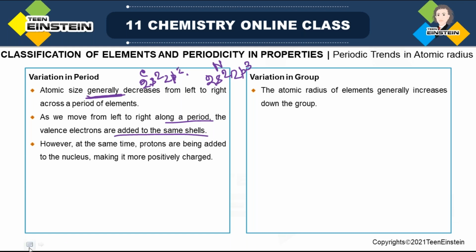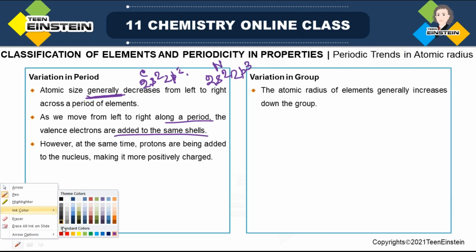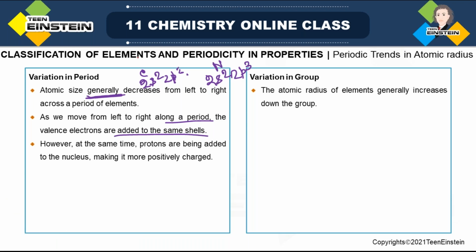The atomic number of carbon is 6, and of nitrogen is 7.